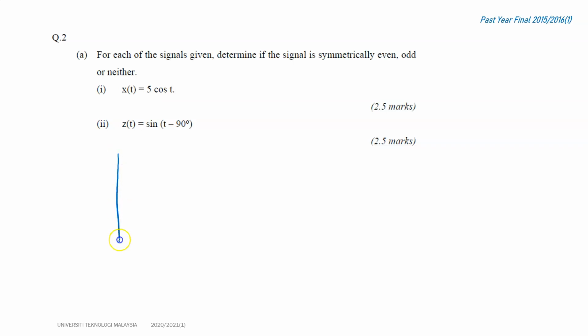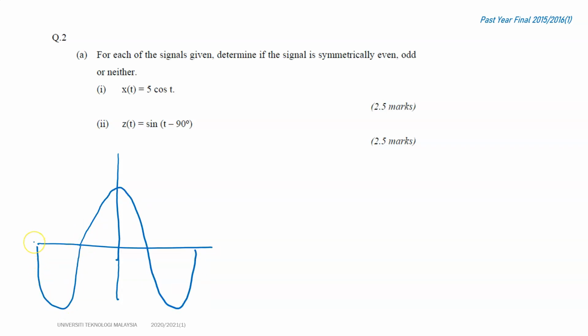For 5 cos t, we know that for the cosine function, cos 0 must have the peak in the middle of the graph. So here is 5 and this is x(t). One cycle is equivalent to 2 pi.